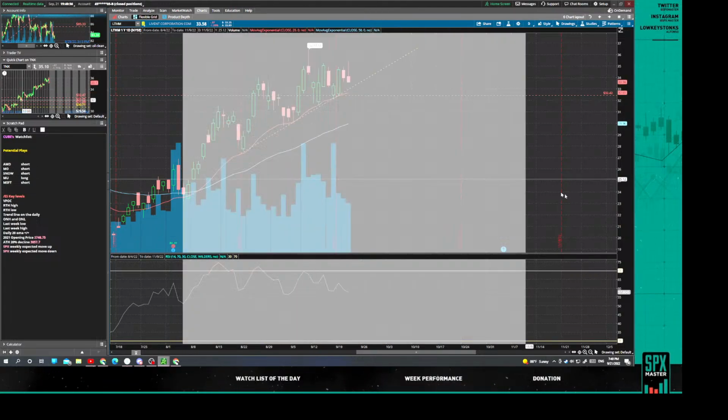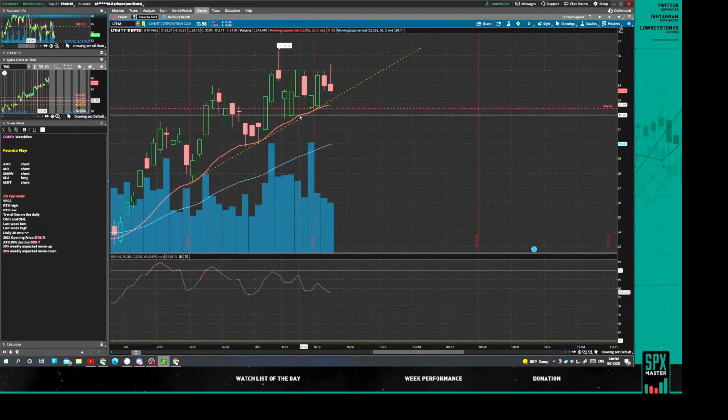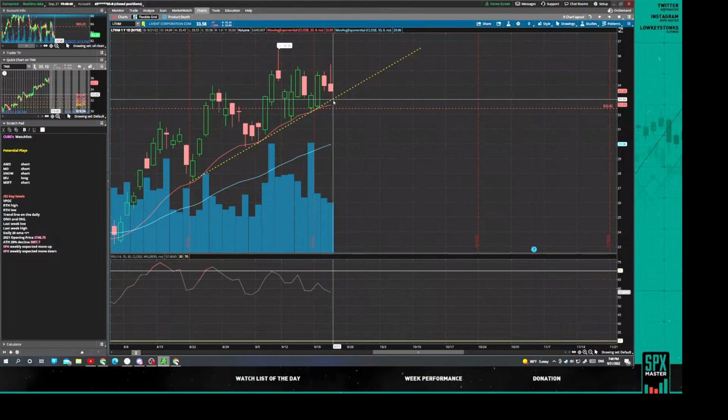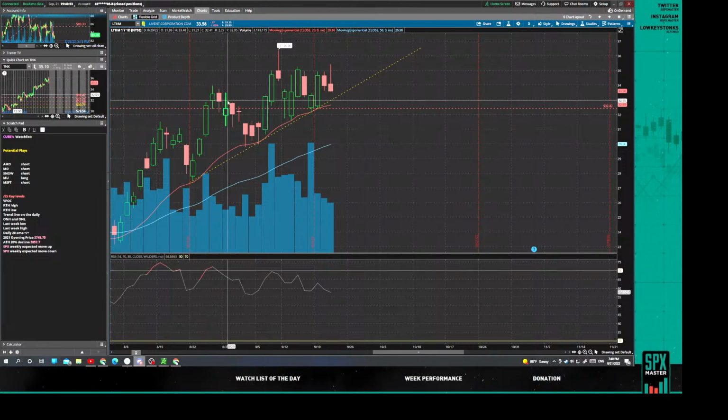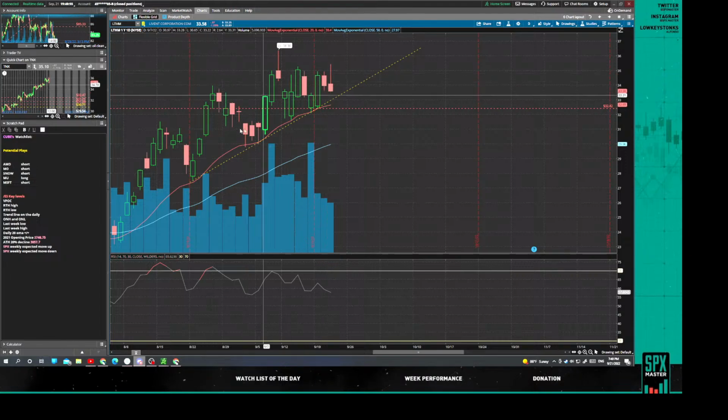So it looks like a good setup for short just because it's not at the 20 and it's heading towards the 20. But past that, I'll be hesitant to keep shorting. I don't know what this company is, but I'll look into it. You gotta look at the sector of this company.